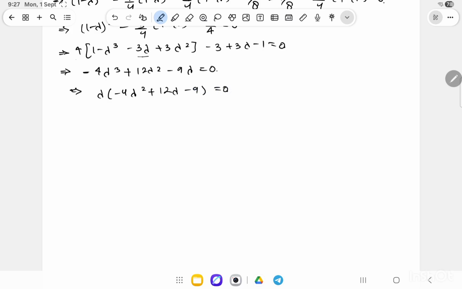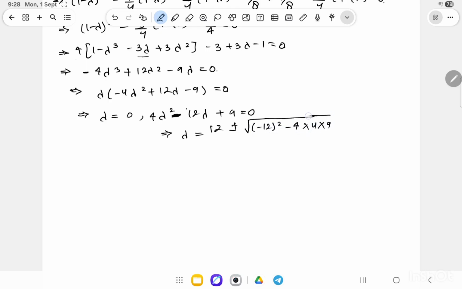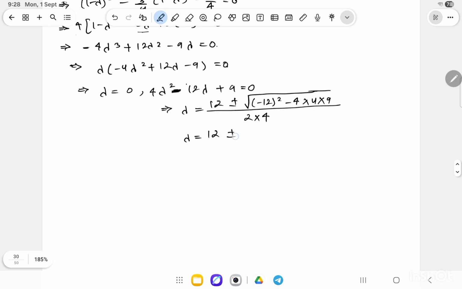So my roots are lambda equals 0 and 4 lambda square minus 12 lambda plus 9 equals 0. Solving it, lambda is 12 plus minus under root b square, that is minus 12 square minus 4 into 4 into 9, divided by 2 into 4. So lambda is 12 plus minus under root 144 minus 16 into 9, that is 144 minus 144, which is 0, divided by 8.